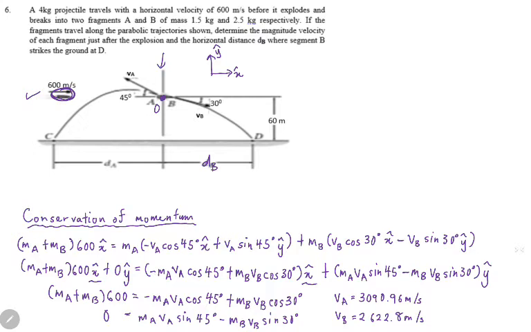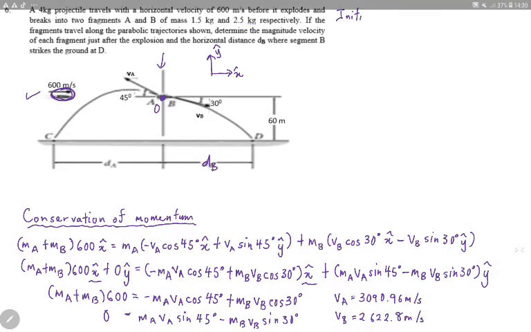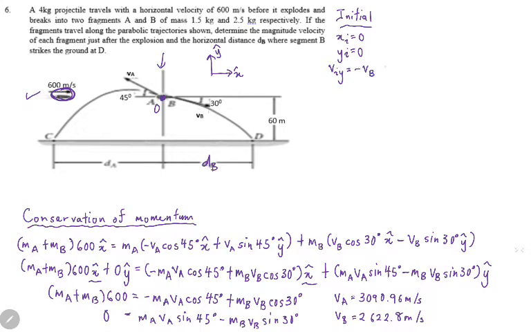Setting the origin at the top means x initial equals 0, y initial equals 0. VIY is pointing downwards, so negative VB sine 30 degrees, while VIX is VB cos 30 degrees.